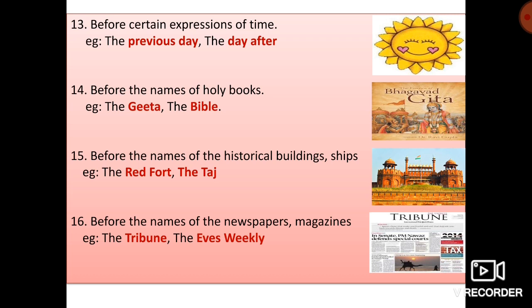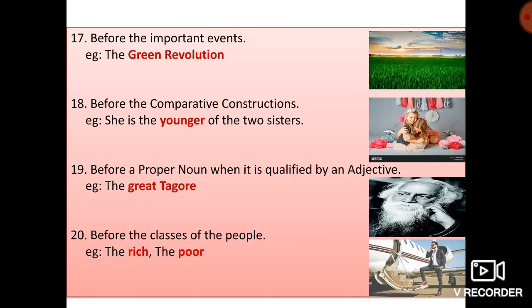Next, before the names of newspapers or magazines, like the Tribune, the Eves Weekly. Before the important events, like the Green Revolution, it was an important event. Next, before the comparative constructions, like she is the younger of the two sisters.